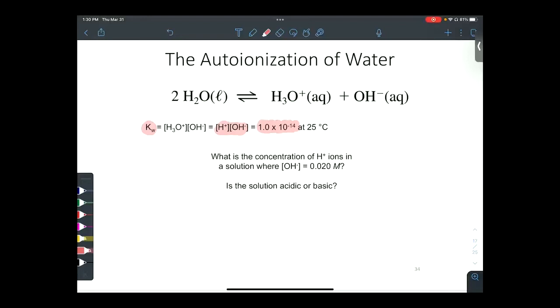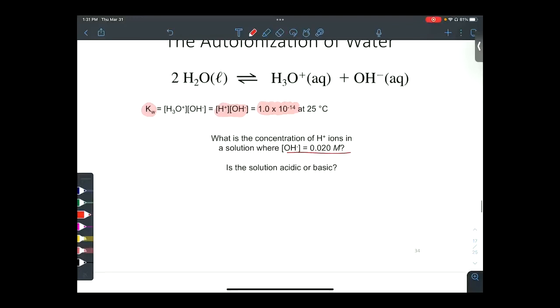So here, what is the concentration of H plus ions in a solution where OH minus equals 0.020 molarity? So essentially, we're just going to use our Kw expression. We have that right here, Kw, which we know, it's a number, equals H plus concentration times OH minus concentration. So we know the OH minus concentration, that's given. So what we're essentially calculating for is H plus concentration. So at this point, it's just plug and chug. So I'll write out everything.